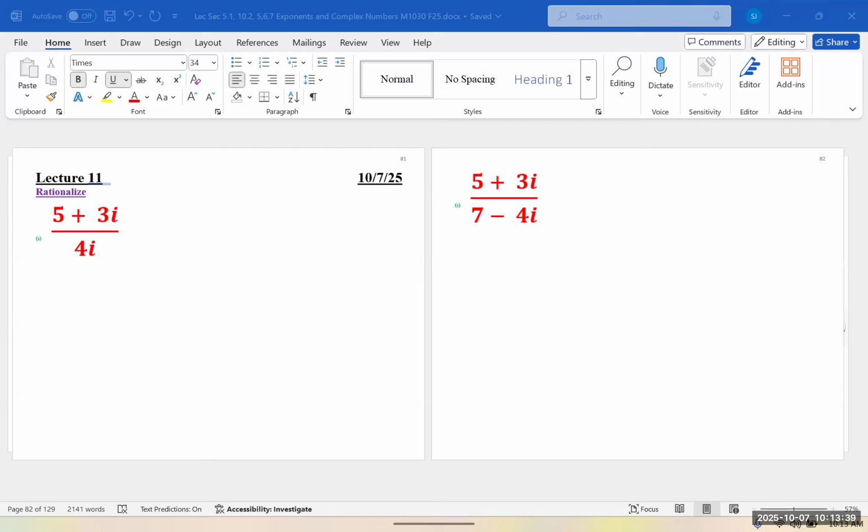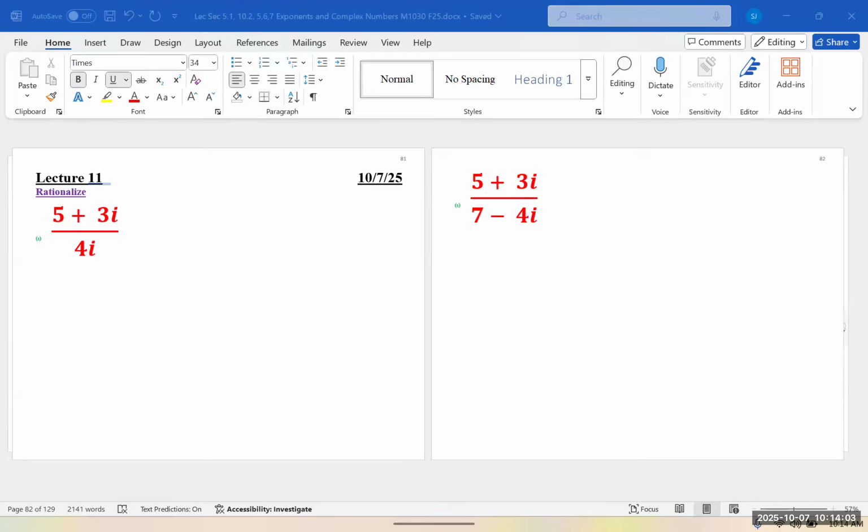Nothing? So I believe the last thing we did in our class last week was rationalization. So do you remember when you have only one denominator, how do you rationalize? By what? The entire denominator for i?